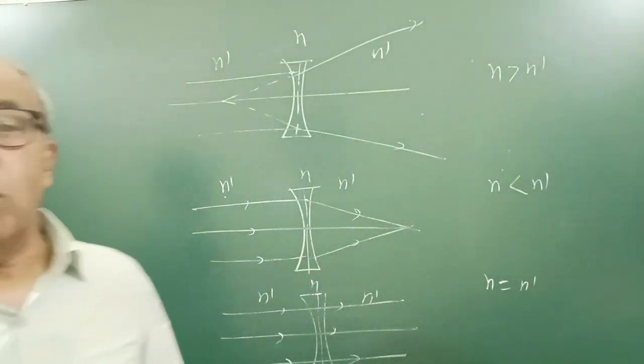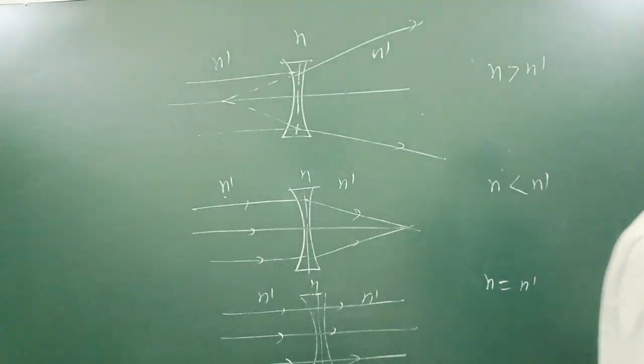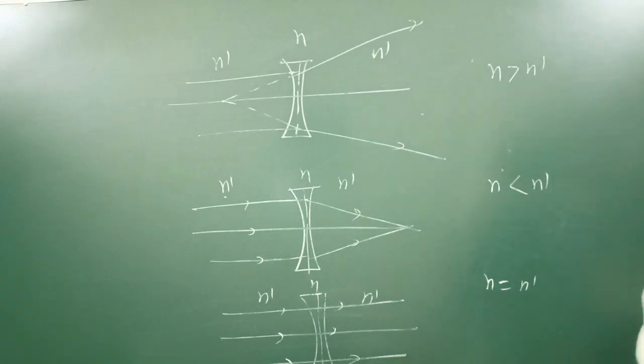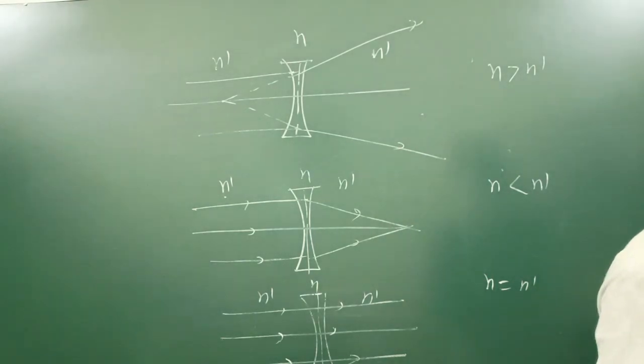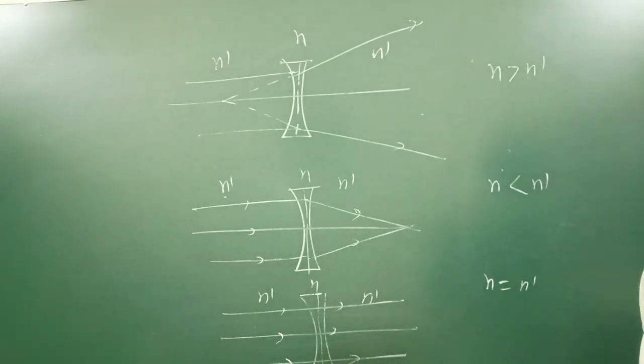So the nature of focal length and the nature of the lens depend on the medium also. If we place the lens in a liquid rather than air, naturally the focal length will change.